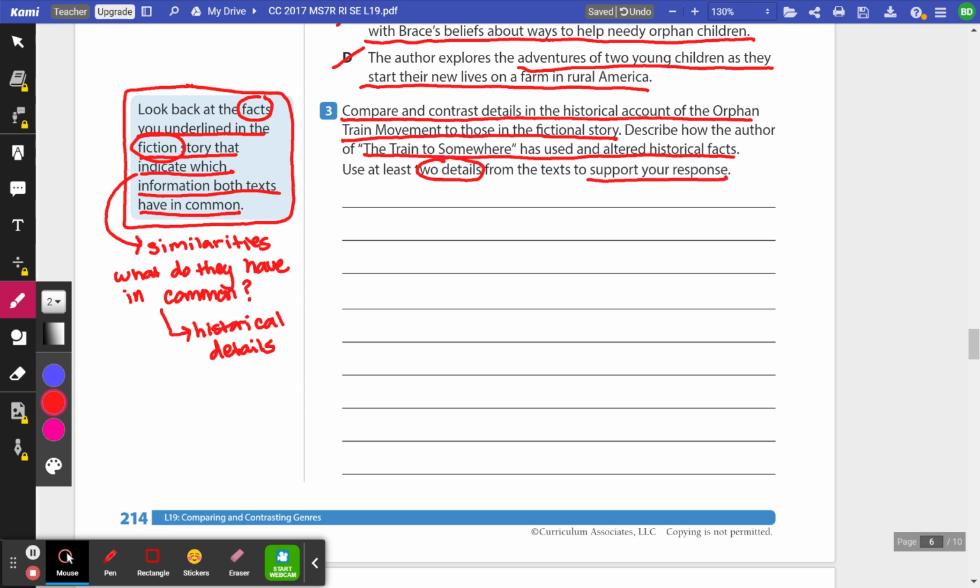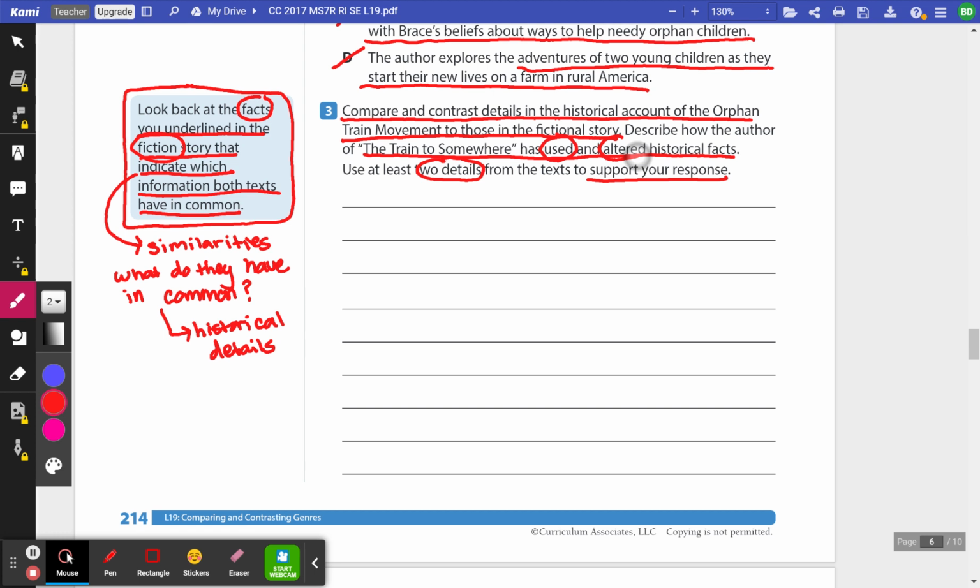So, let's kind of break this down a little bit. We know we are comparing and contrasting details. So you're telling me what's similar, what's different. And you're thinking about the historical account of the orphan train movement to the details that are in the fictional story. And you've got to describe to me how the author in The Train to Somewhere, which is your fictional story, used and altered historical facts.